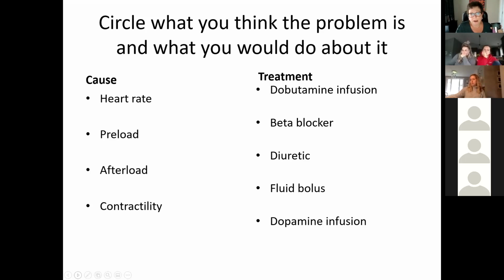It could be like heart rate and preload or preload and afterload. But there's only 4 things that can go wrong with any patient. So Jack's septic. He didn't come in with cardiac problems. He came in with sepsis.